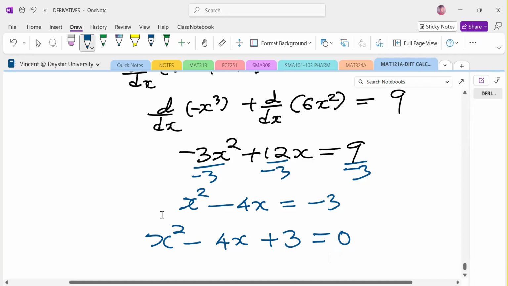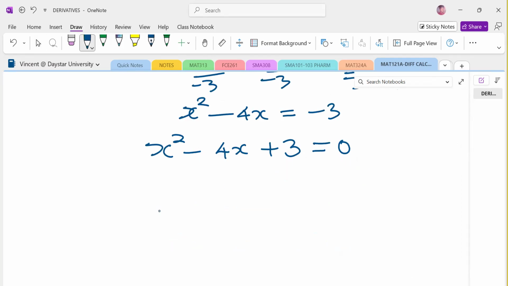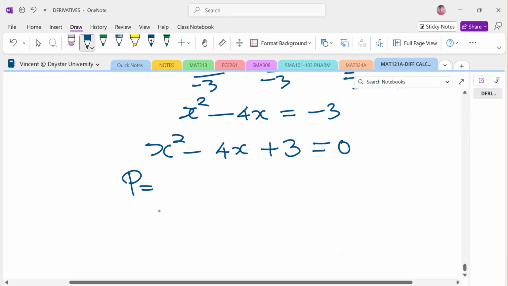So the product in this case is 3, the sum is minus 4.